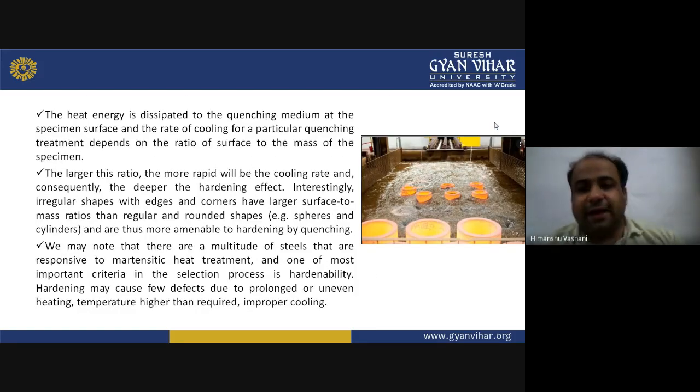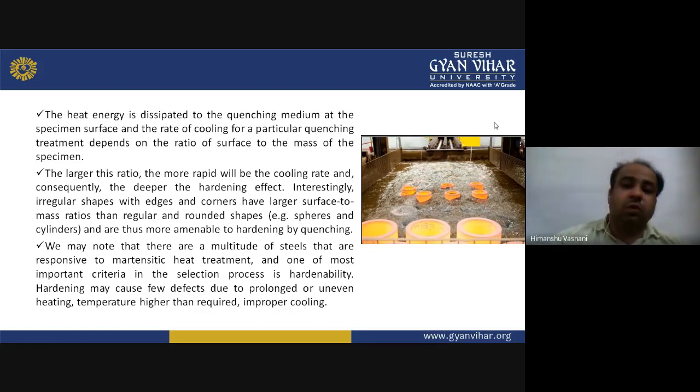You can see in the diagram on the right hand side how the workpieces are being dipped inside the quenching medium and then allowed to cool. Different industries have different quenching mediums and processes of cooling. I showed you in the previous figure that the whole workpiece was taken together and then dipped into the quenching medium.